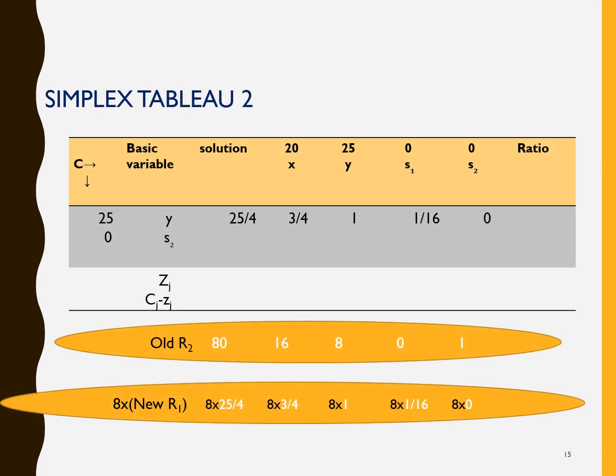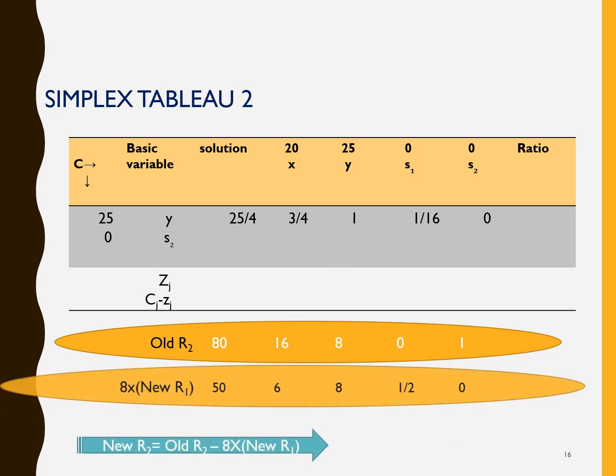First, we find out what was the old R2 and then find out 8 into the new R1. These are the R1 values, 25 by 4, 3 by 4, 1, 1 by 16 and 0. So we multiply them by 8 respectively, every element. Then we find out what is the new R2.